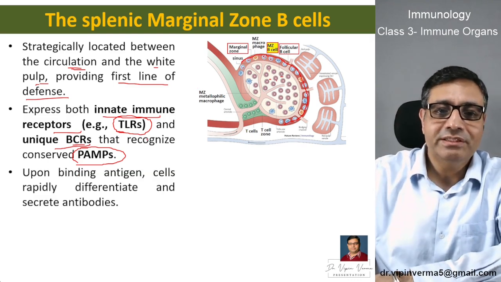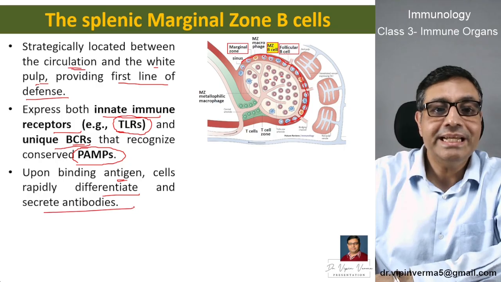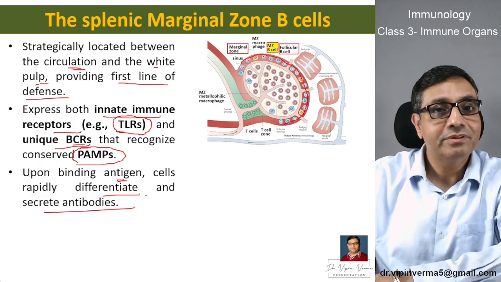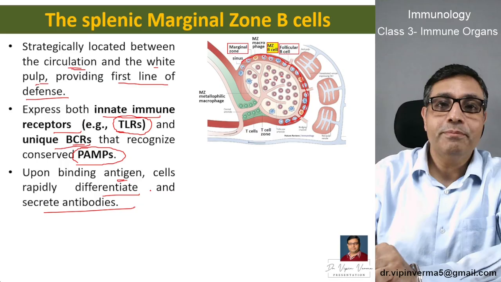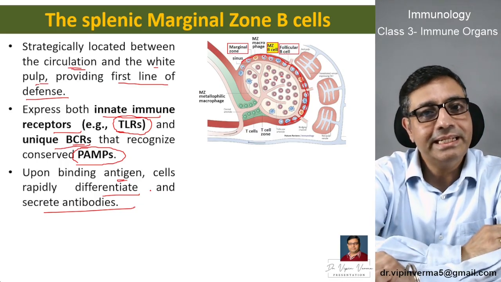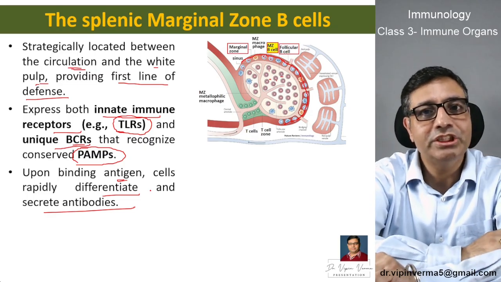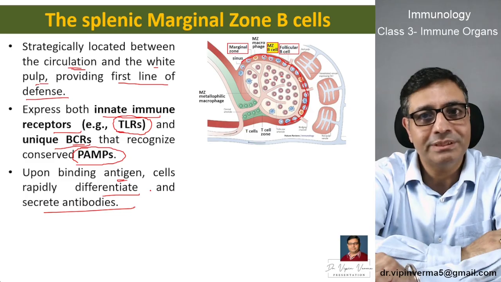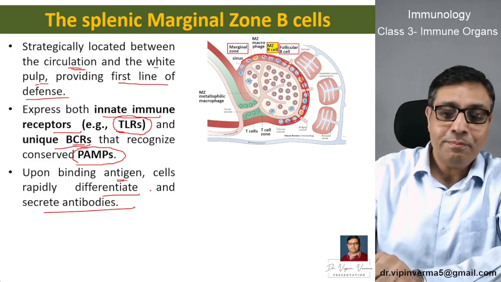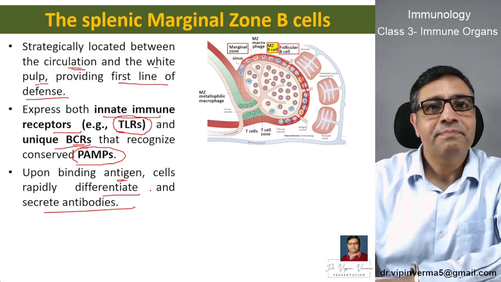Upon binding antigen to their BCRs, the cells rapidly differentiate and secrete antibodies. You remember the regular B cells need the help of the TH cells, and TH cells will give the complete activation, and only then can they differentiate and form the effector plasma cells. But here, upon binding, independently of T cell help, they can secrete antibodies.